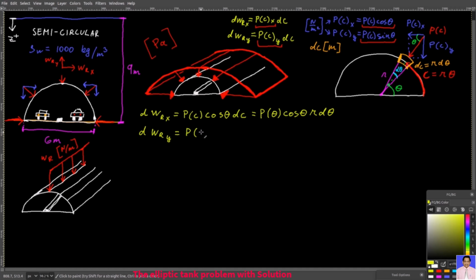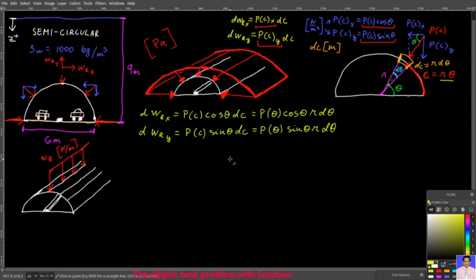First I have pressure as a function of arc length times sine theta times dc, but then since all my arc lengths will be replaced by r times theta, then I'm just going to say that pressure as a function of theta times sine theta times r d theta equals my differential force per unit length in the y direction.